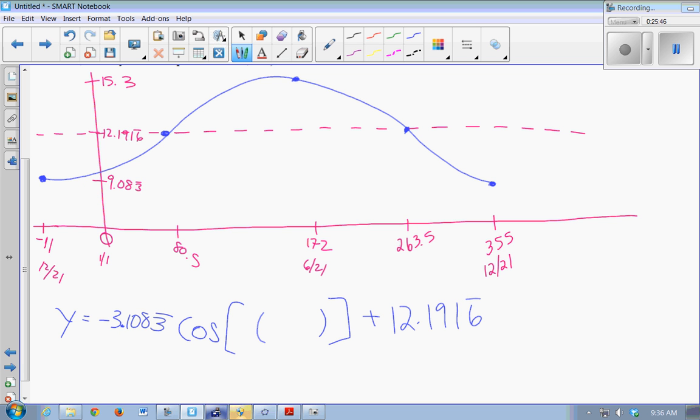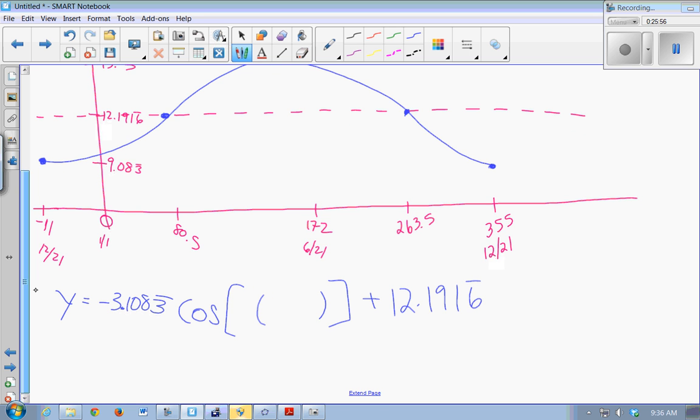Okay, so now I'll put in the value of b, which I derive from the period. What is the period of this function? 365 days. So b is 2 pi over 365.